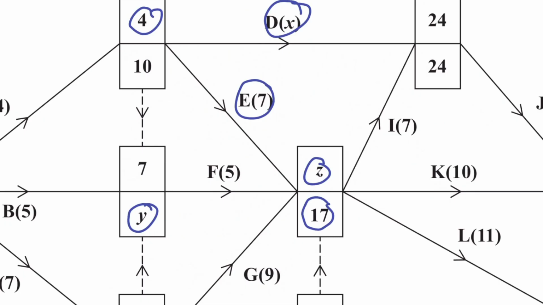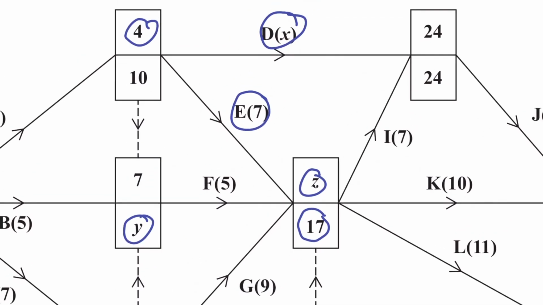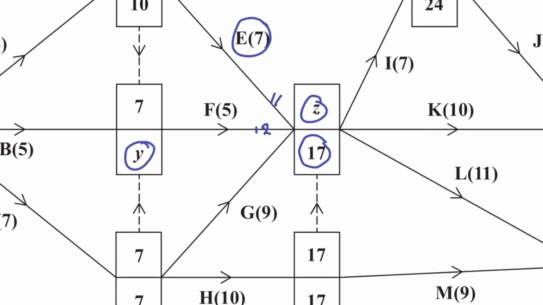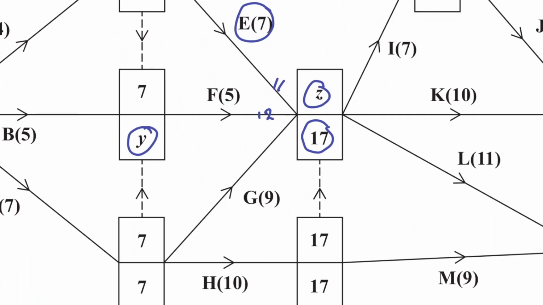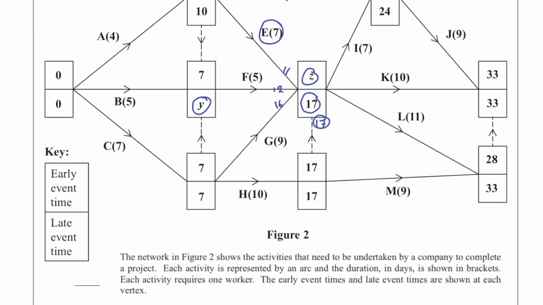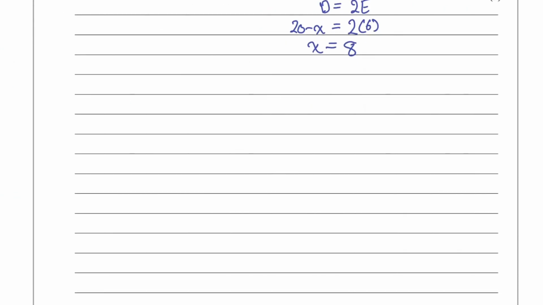We have a 4 and a 7, which gives us 11. 7 and 5 gives us 12, which is bigger than the 11. We got 7 and 9 over here, so this one is 16. And we have a 17 coming from this dummy activity. So we pick the 17 as it's the biggest one. So Z is going to equal 17.